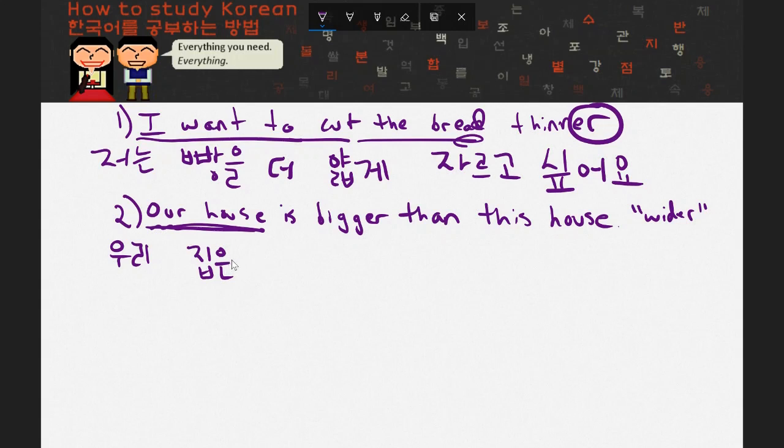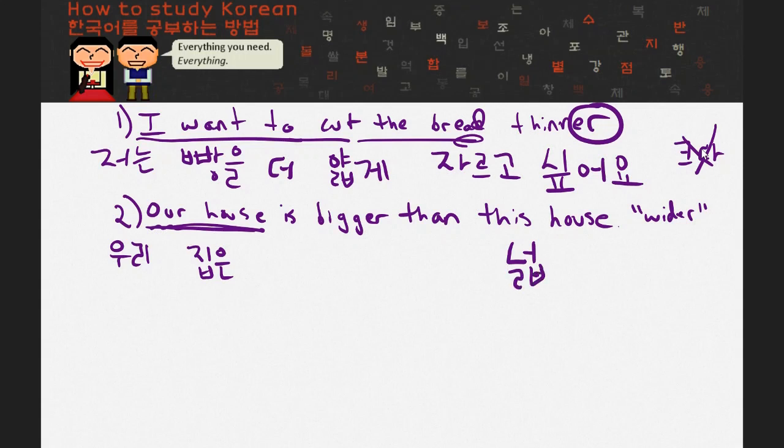If I want to indicate that our house is big, well, as I said, I didn't actually mean the adjective 크다. That's not the word that I wanted to use because it's not usually the word that Korean people would use to indicate that a house or an apartment or some sort of place is bigger in terms of square footage. But rather what I wanted you to use is the adjective 넓다.